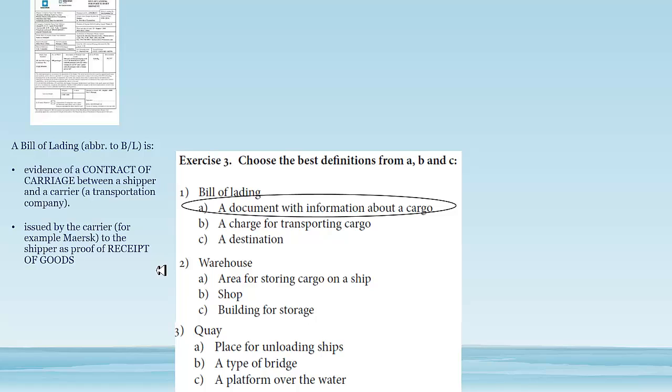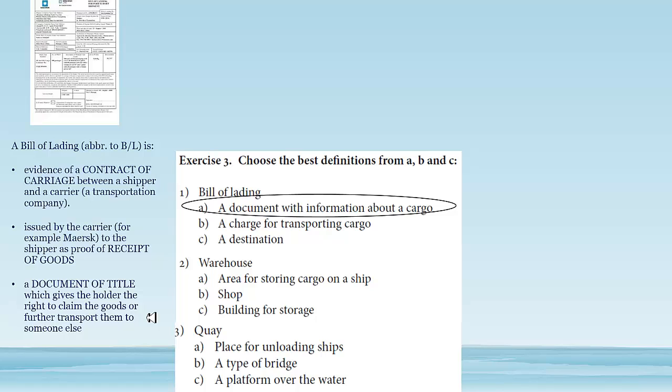If somebody contests, for example, that I don't know what happened to the cargo, the goods, you can show this piece of paper as a receipt that you have given it from you, so you're not still holding the goods. All right, and it's also a document of title, which means that you, the owner of the document, own the goods.